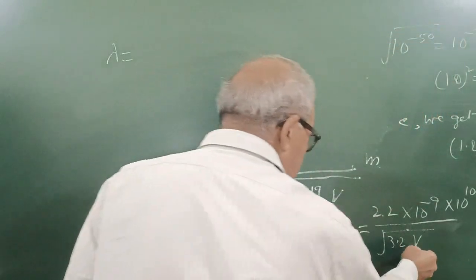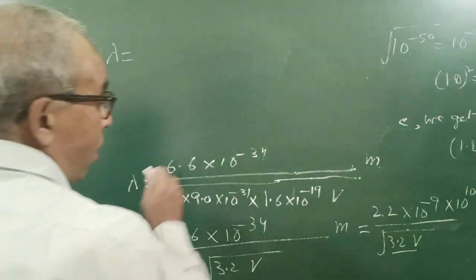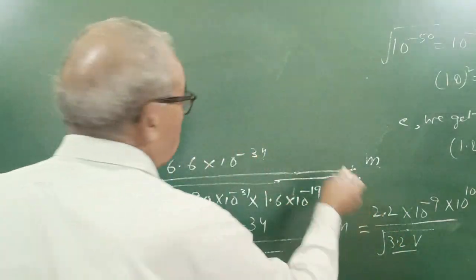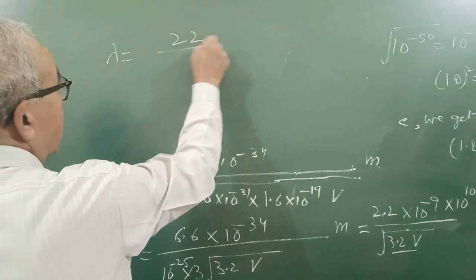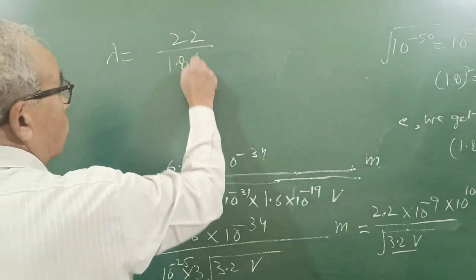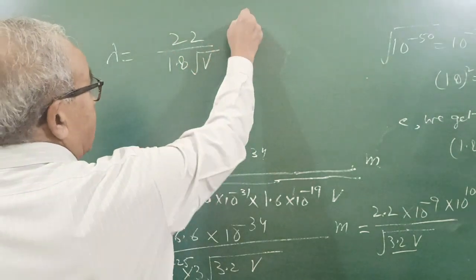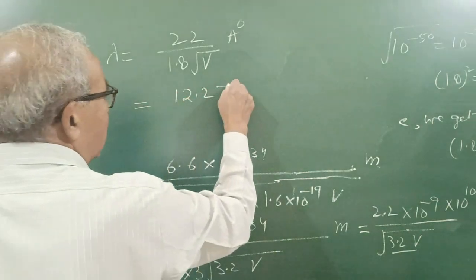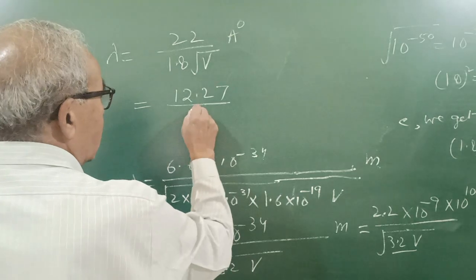So I can take the root of this as 1.8. So it is 22 upon 1.8 under root V angstrom. On solving you will get 12.27 upon under root V angstrom.